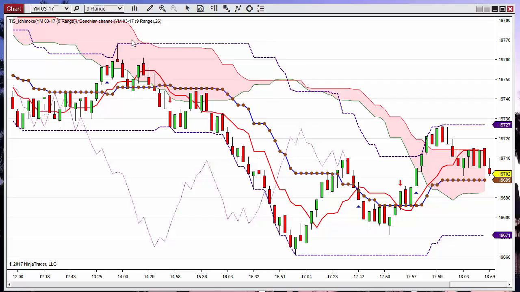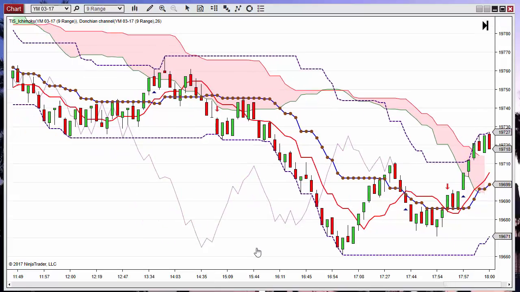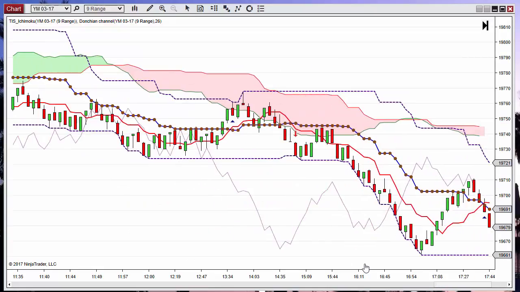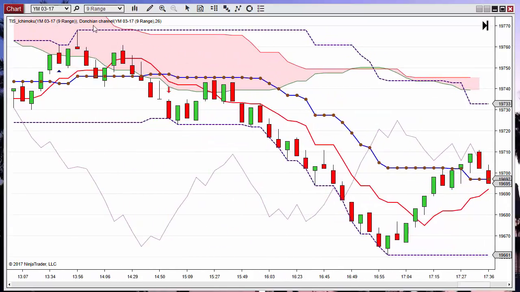And as we can see, a Donchian shows the higher high of the last 26, or whatever we define as period number of bars.